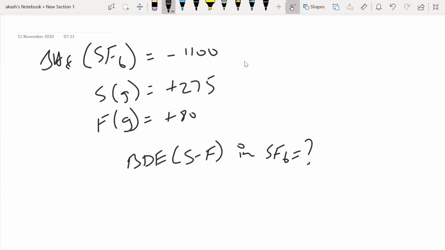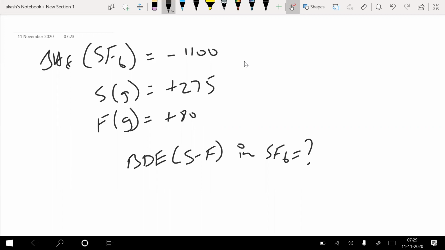Now this kind of problem we also did, if you can remember. Try to write the reaction for bond enthalpy.